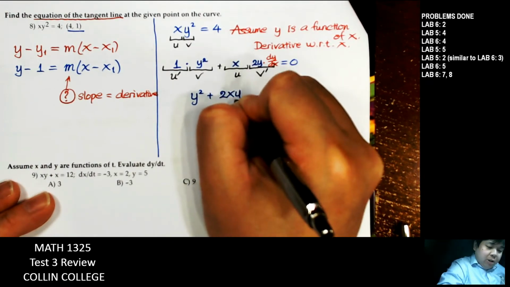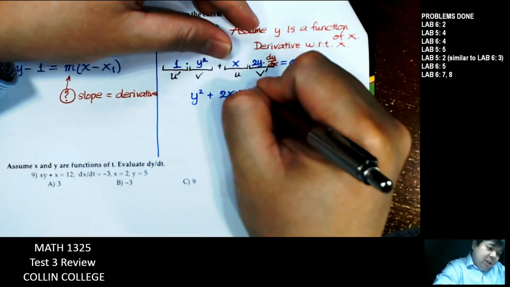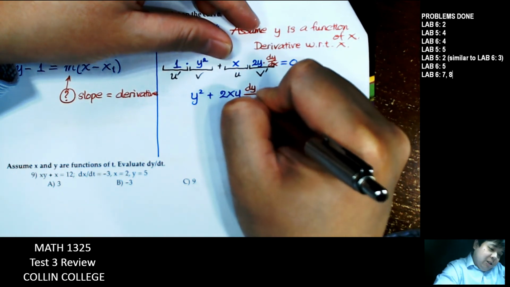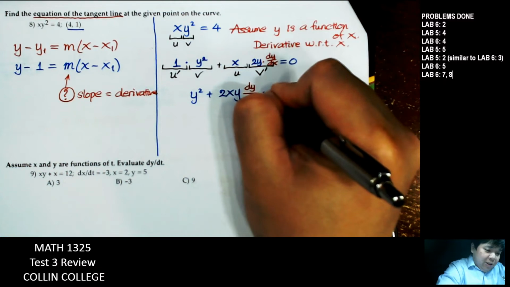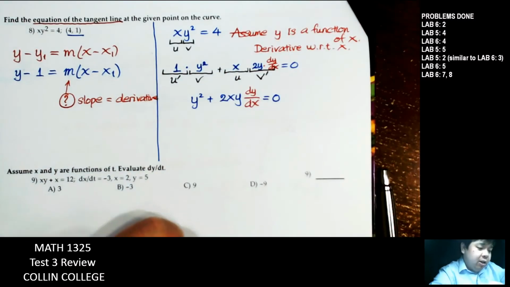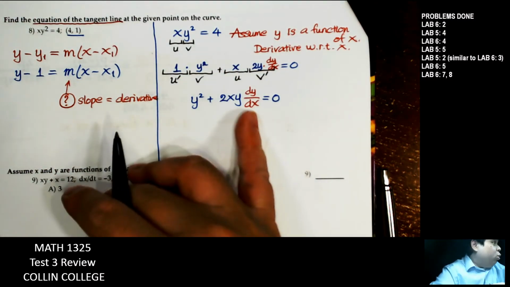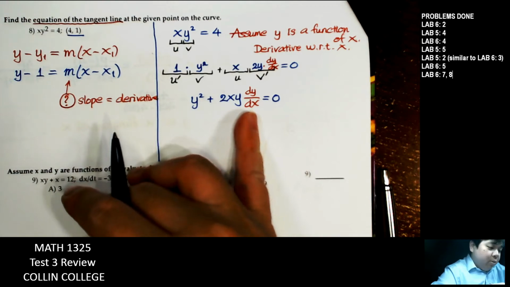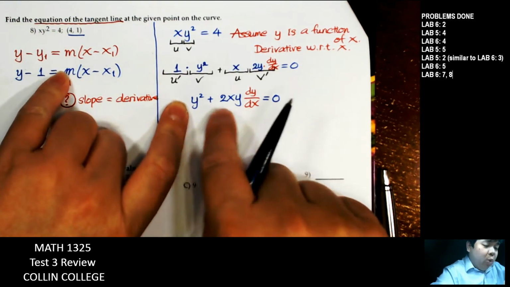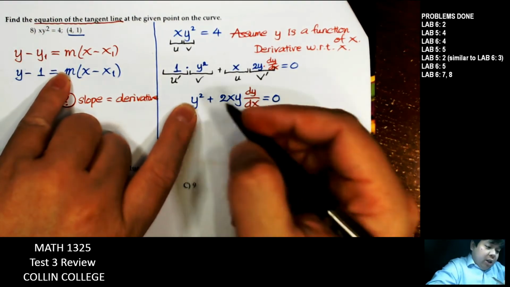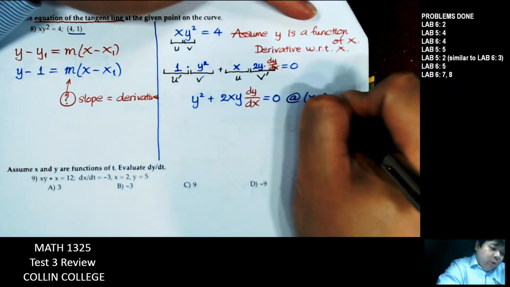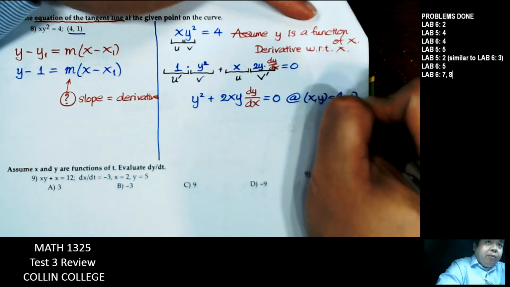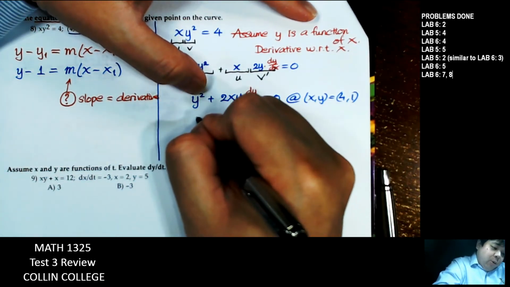But once again, y is a function of x, so we have to stick the dy over dx to it. Which means y squared plus 2xy dy over dx equal to 0.